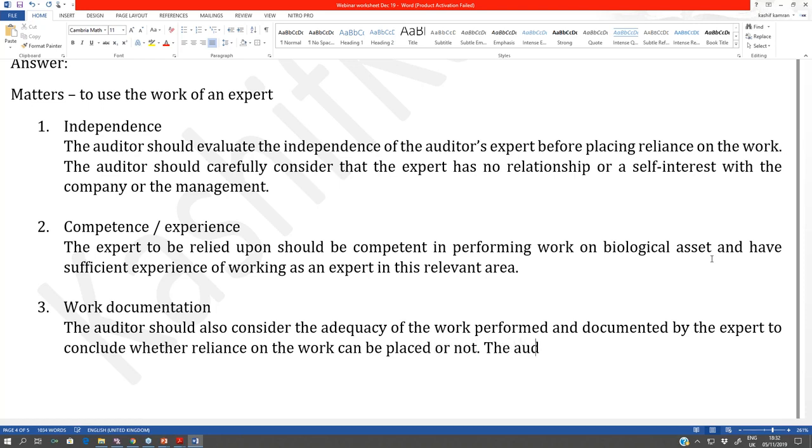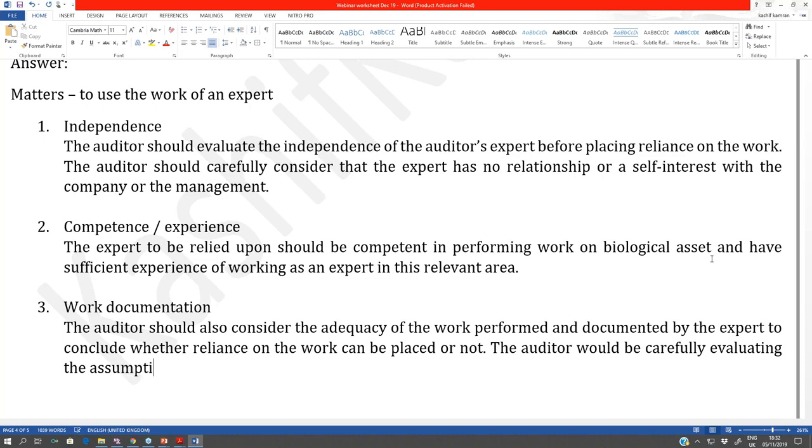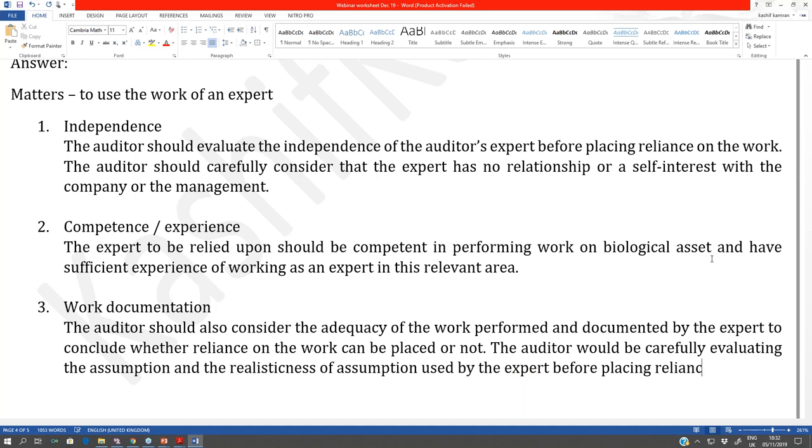The auditor would be carefully evaluating the assumptions and the realisticness of assumptions used by the expert before placing reliance on the work. So I've developed the whole answer, right?